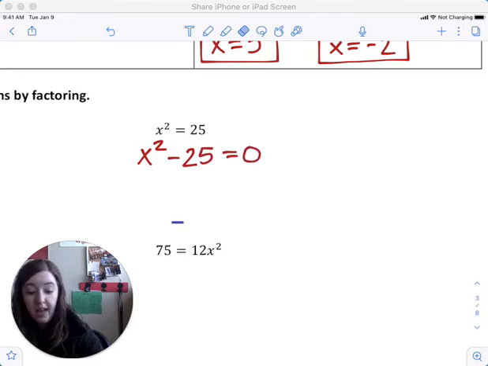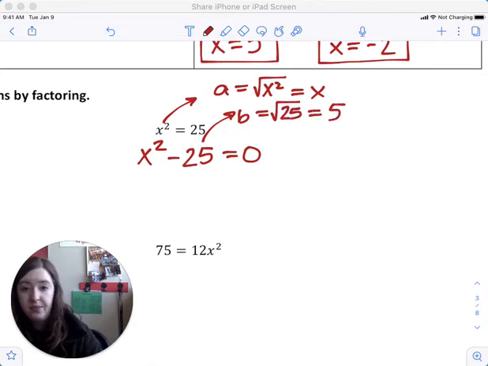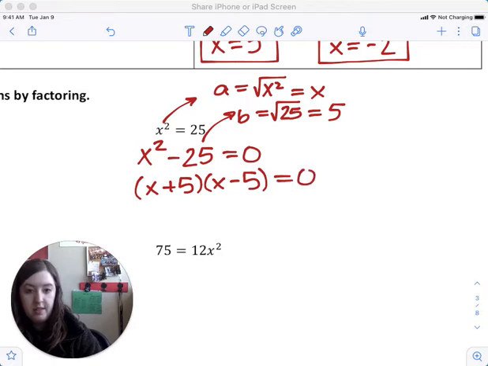So here we have a difference of squares. So my a term is where we take the square root of x squared, so that's x. My b term is when I take the square root of 25, so that's 5. So this will factor down into x plus 5, x minus 5 equals 0.